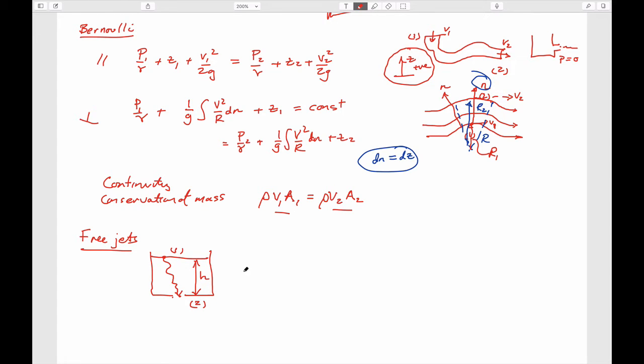And without deriving it, what do we use? We use the big reservoir assumption. So velocity V1 equals 0. The pressure at 1 is 0. The elevation at 1 is equal to h, if we choose a datum that is here.